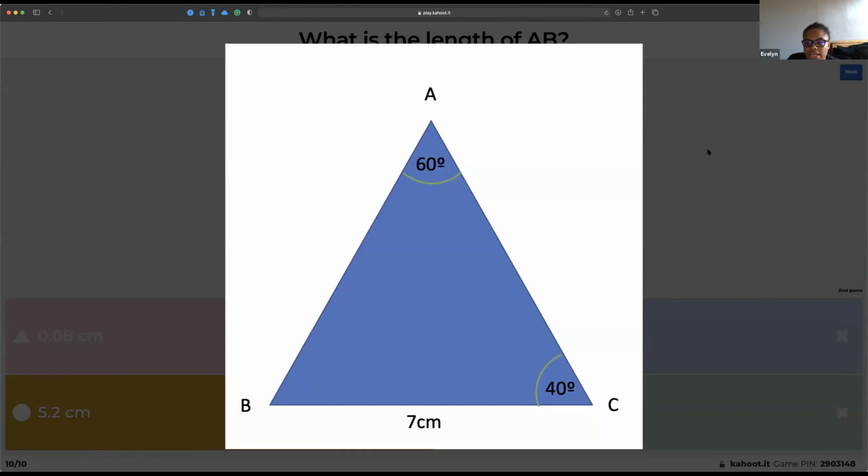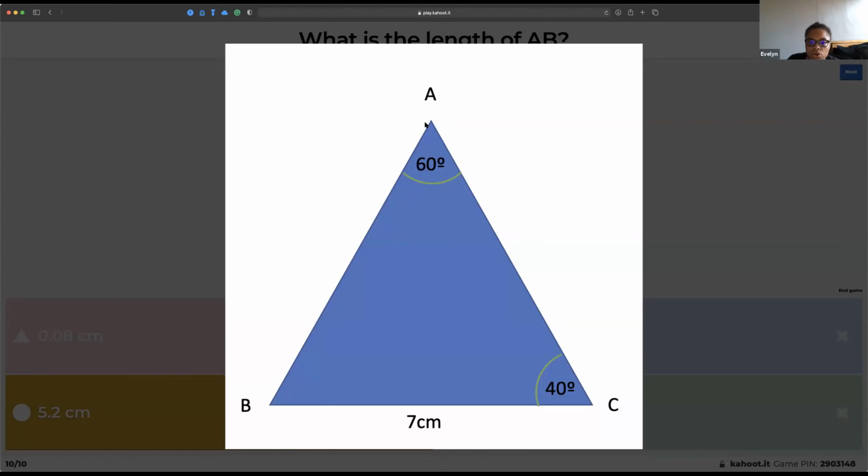Now, the sine rule is the one that we didn't actually go through during the session. However, just for anyone who is a little bit unsure about the sine rule, it's the sine of A over the length A equals the sine of B over the length B. Now, in this case, we've got angle A and C, and we've got the length lowercase a, but we want to work out the length AB.